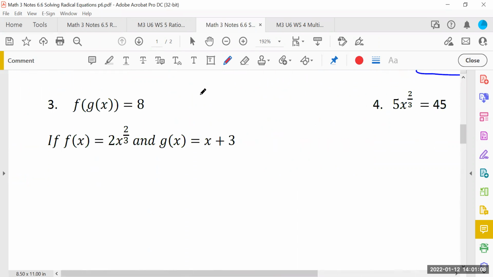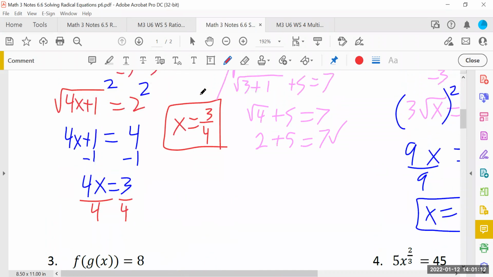All right, let's try one more here. No, I want you guys to try some homework. Everybody turn in the homework to number. Let's do 1 and 2. They're real similar to what we just did. Everybody do numbers 1 and 2 right now.